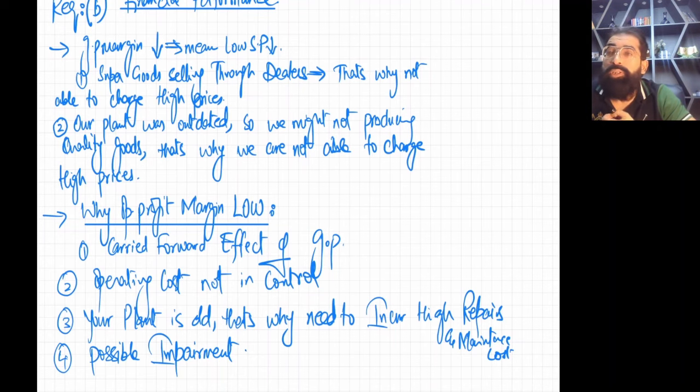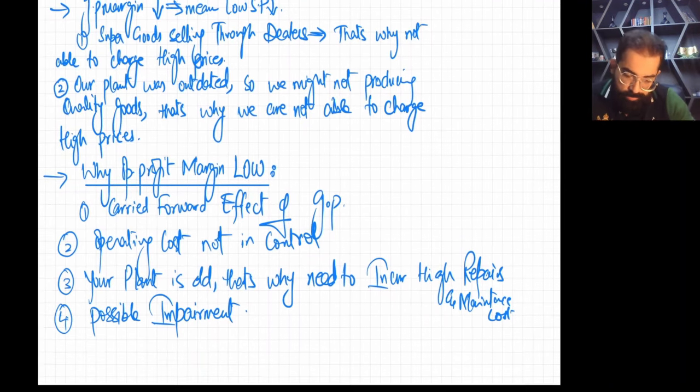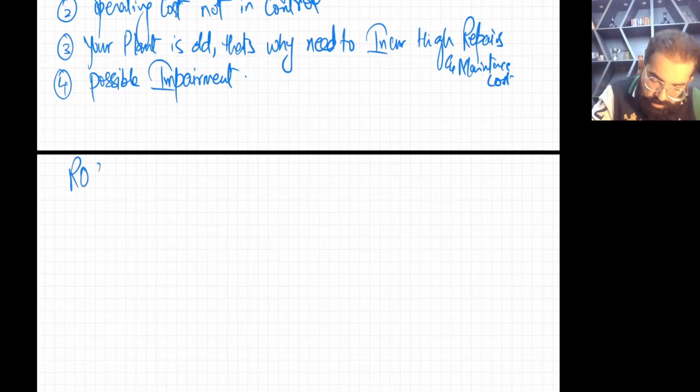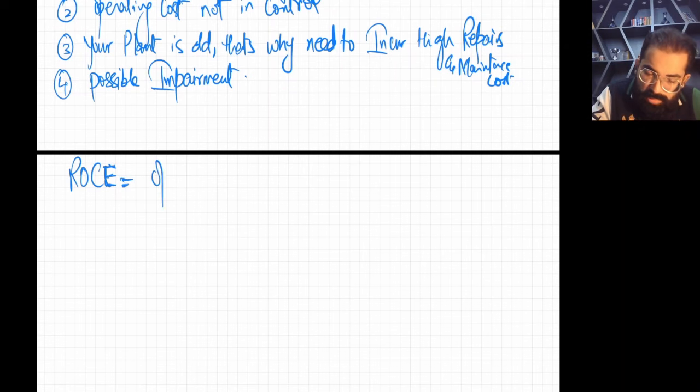Then you have ROCE, return on capital employed. You know, ROCE is the product of two things: asset turnover and operating margin.